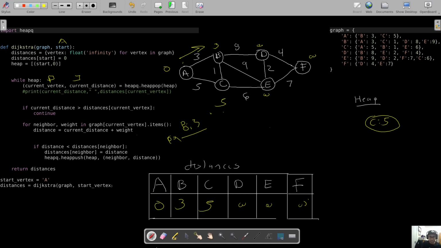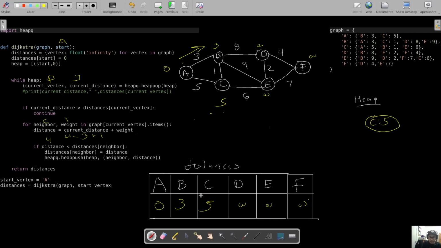So here the neighbor is C, and the weight is 1. Okay. So the current distance is 3 plus 1. So this equals 4.